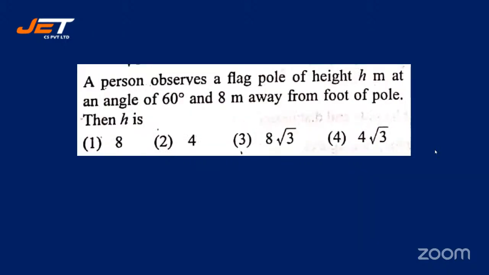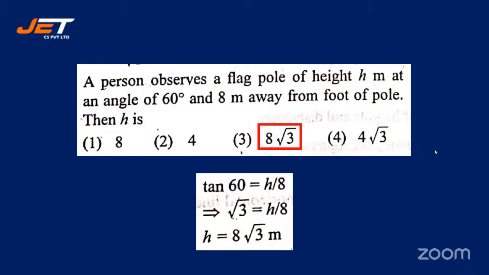See the next question. A person observes a flagpole of height h meter at an angle of 60 degrees and 8 meter away from foot of pole. Then h is dash. What is the height? Tan 60 is h by 8.